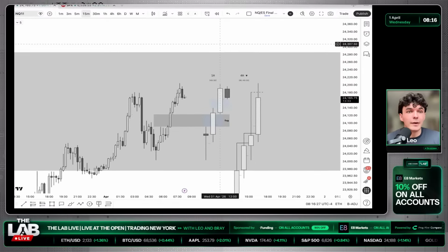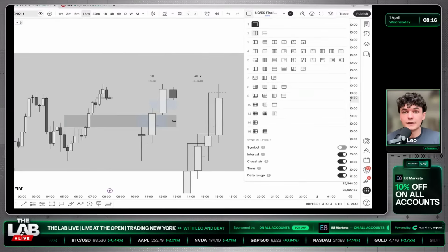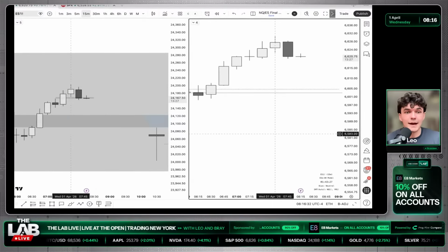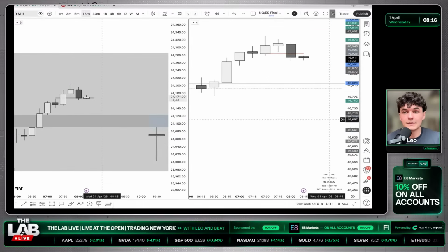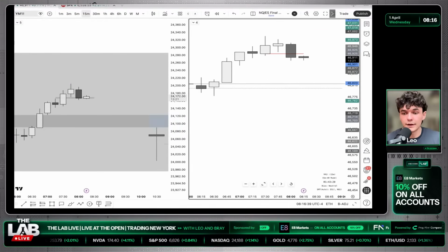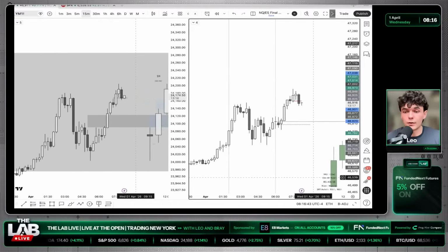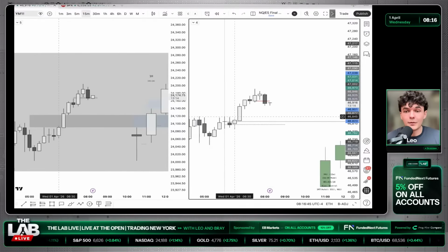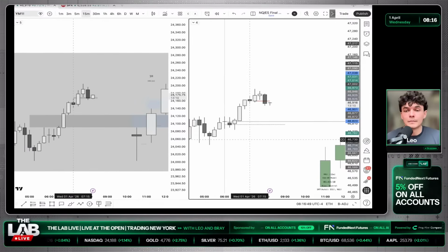But anyways, as of right now, I'm sitting on my hands. I kind of just want to see whether or not we can form an SMT between some assets. No SMT here, maybe YM. No SMT. We have slight SMT with YM. YM did form the short signature here. But still, it's a hard market to short. Reasons being, we have these major imbalances that could be periods of retracement, right?